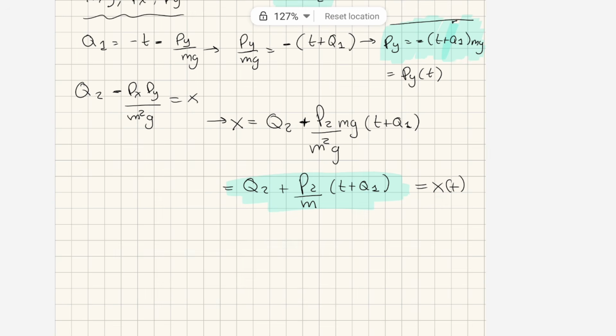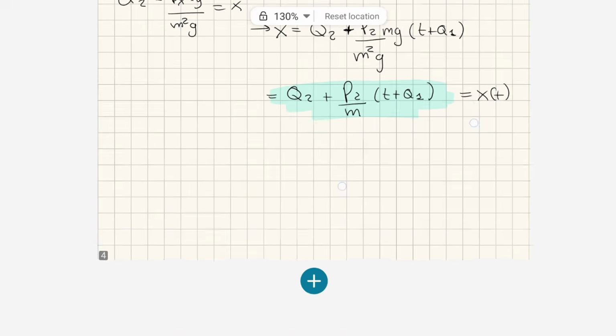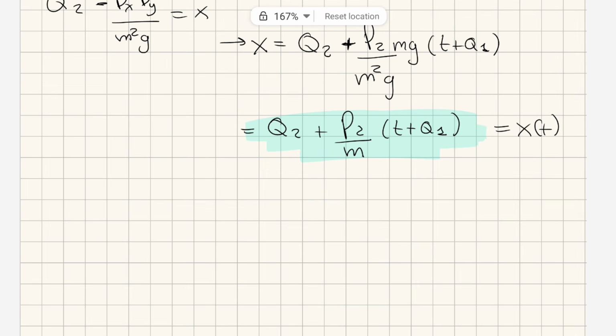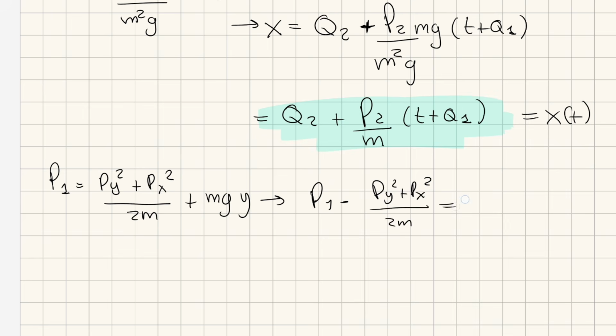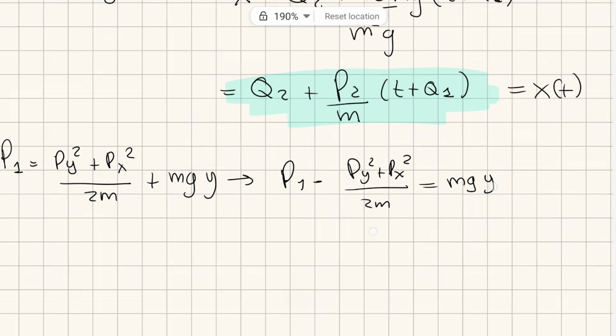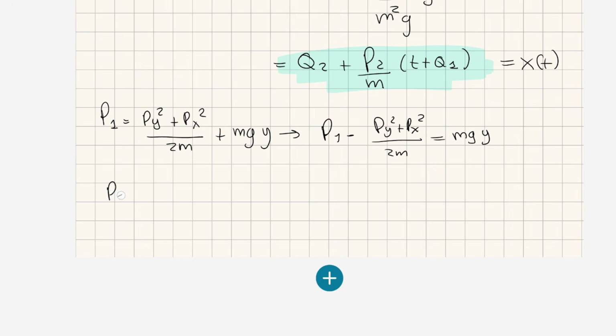Perfect. So we still need to find an equation for y, but remember we found that p1 is equal to py squared plus px squared divided by 2m plus mgy. So from this we are going to solve for y, and we get that p1 minus py squared plus px squared divided by 2m is equal to mgy, but p1 remains the same, minus py squared.